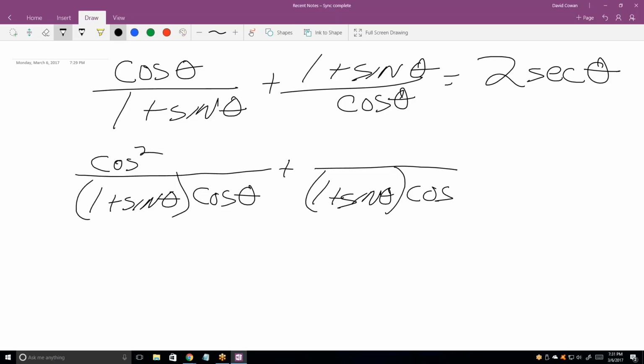Right. And what goes over here? In the numerator? 1 plus sine, squared. Oh, okay.